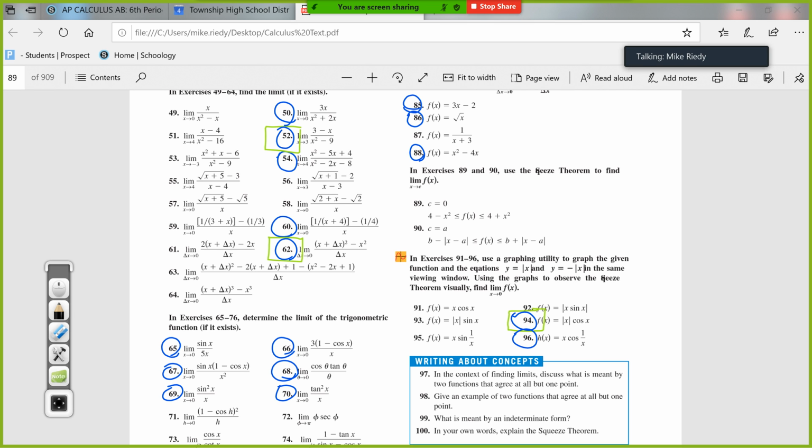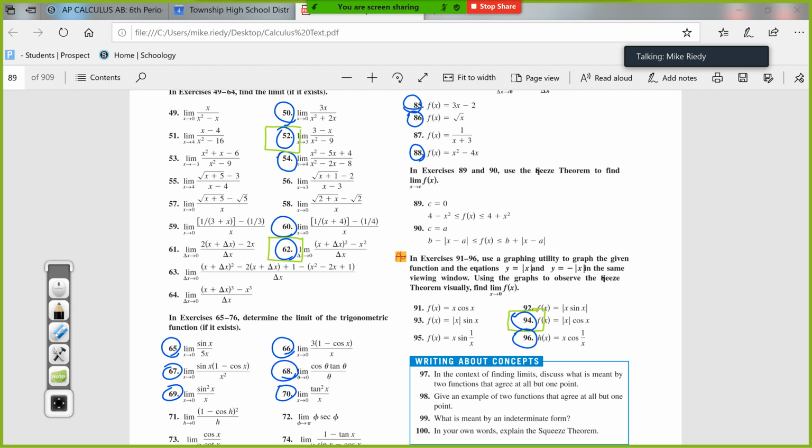But before we move on to 62, any problems with 54? I'm assuming if you plug and chug, you get 0 over 0. Can somebody confirm that? Yeah. Okay. So then factor the top, factor the bottom, and I'm assuming that something cancels and you plug and chug, yes? Okay, good.